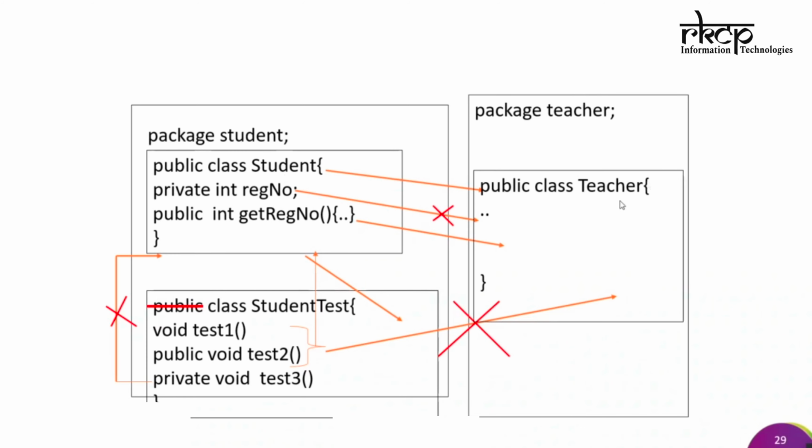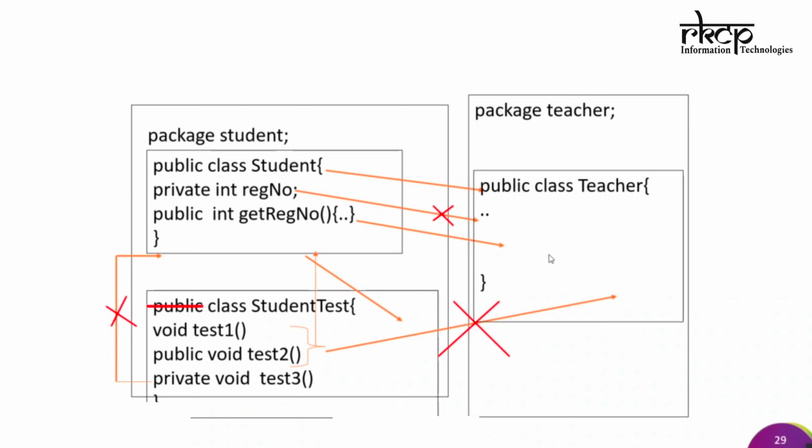Inside the teacher class, if you want to access the Student class, yes, it will allow you. But of the Student class members, only public members will be accessible. If members are private, protected and default, you cannot access them inside the teacher class.